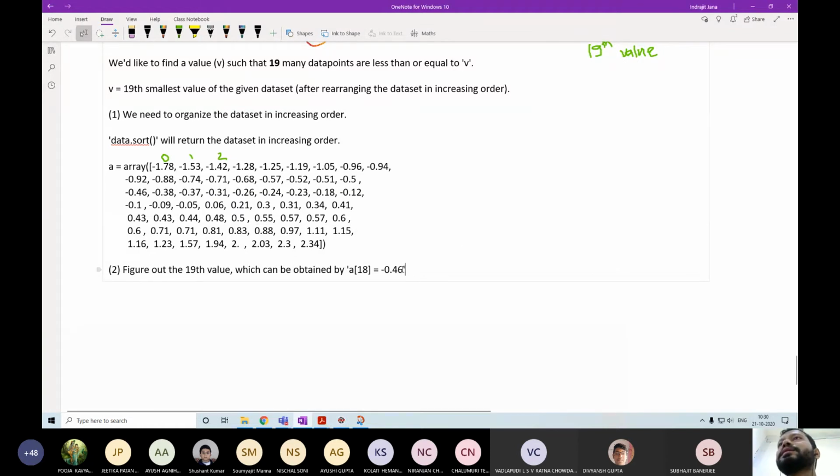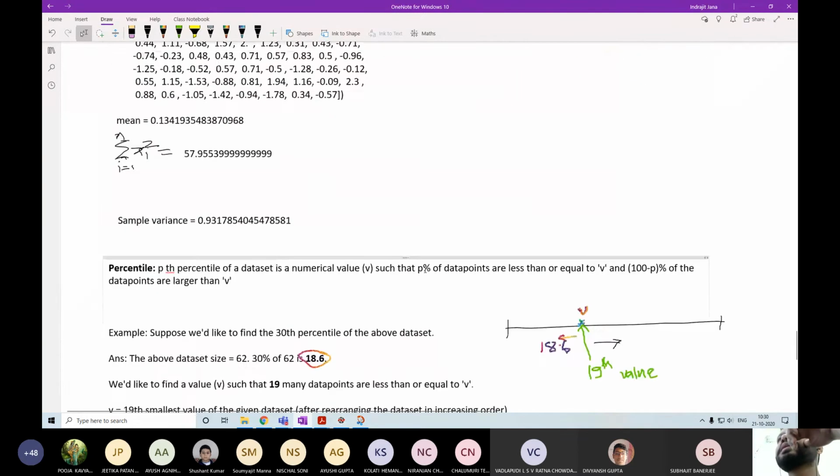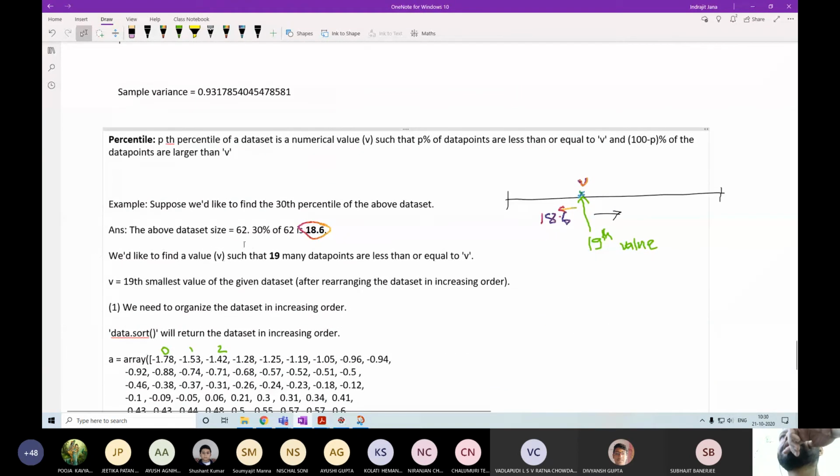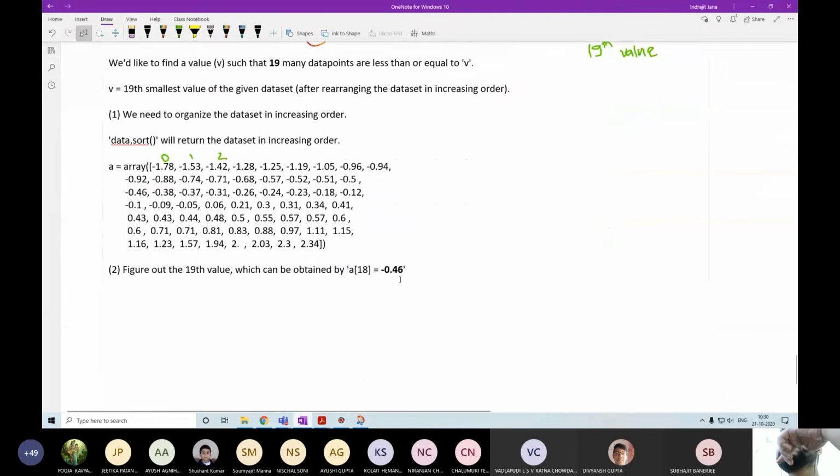So the answer is negative 0.46. That is the 30th percentile of the data set, which means that 30% of the data is below negative 0.46 and 70% is above negative 0.46.